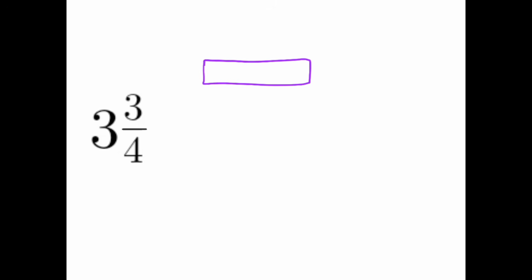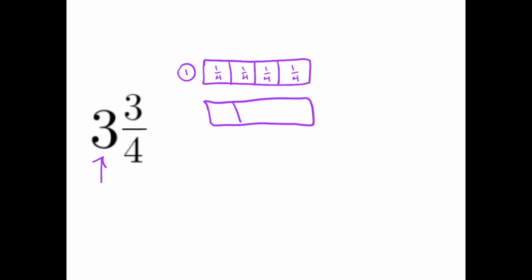This is our first whole, and we're sectioning it off into fourths. This is 1 whole. We need 3 wholes. Let's do this again. Label them 1/4.